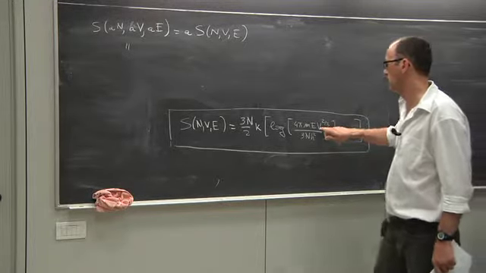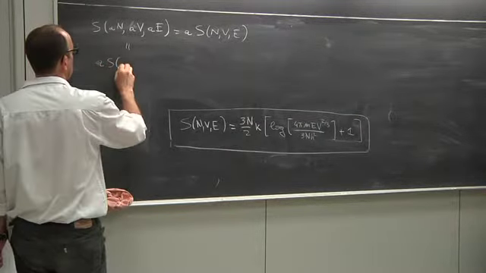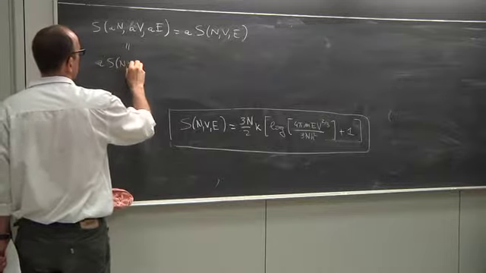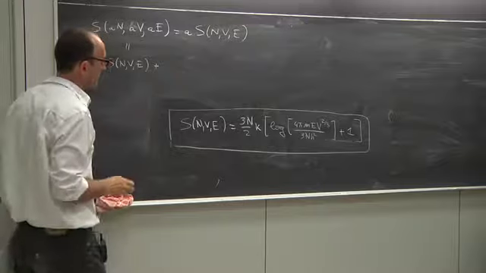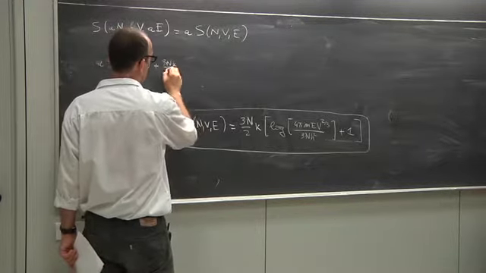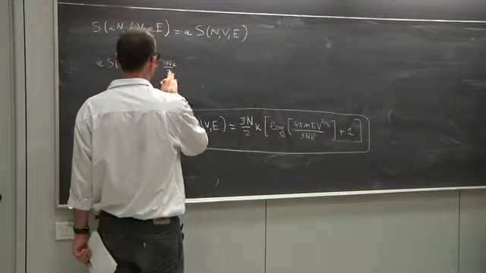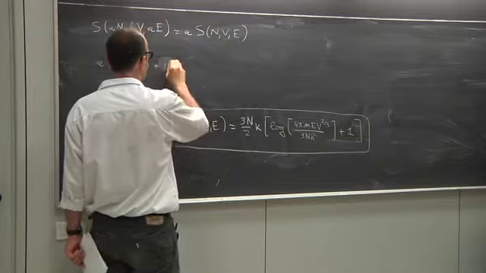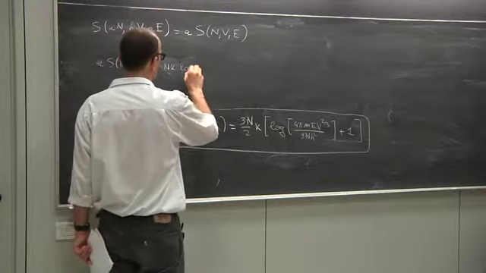So if you do the calculation properly, here you get A times S of N, V, and E plus 3NK over 2 times log A.